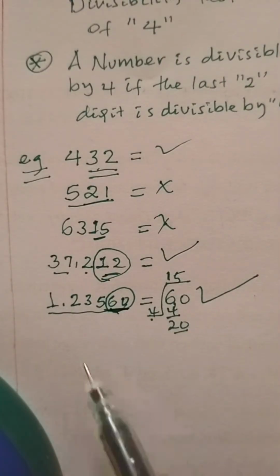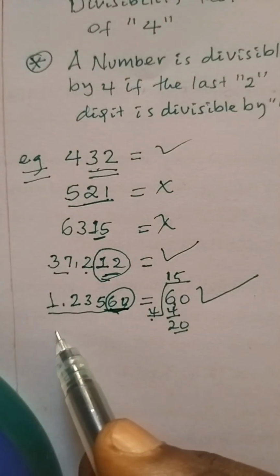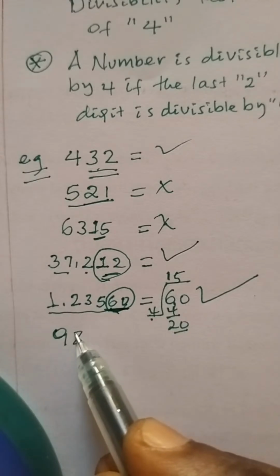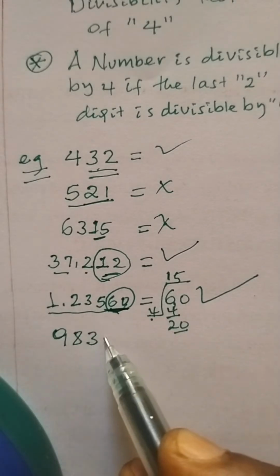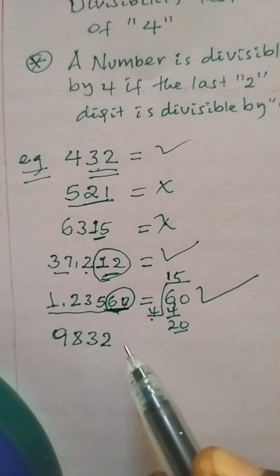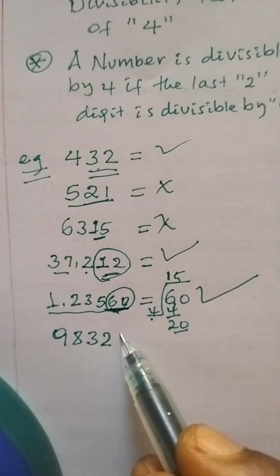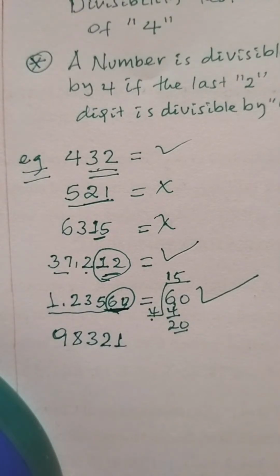Okay, another example. Let's say 98,321. Let's take this number and check whether it is divisible by 4 or not.